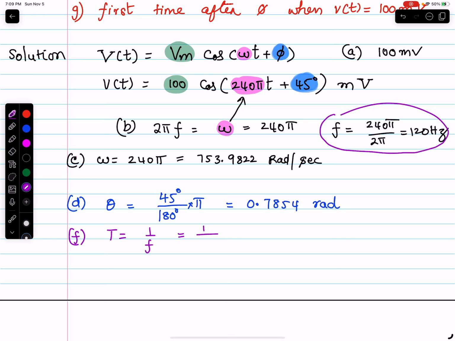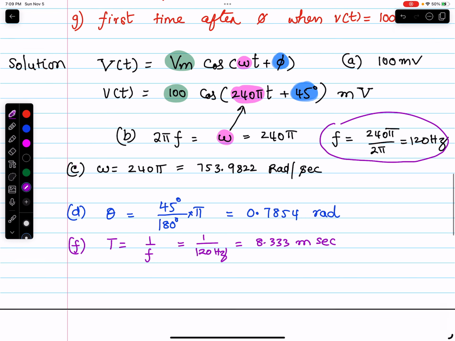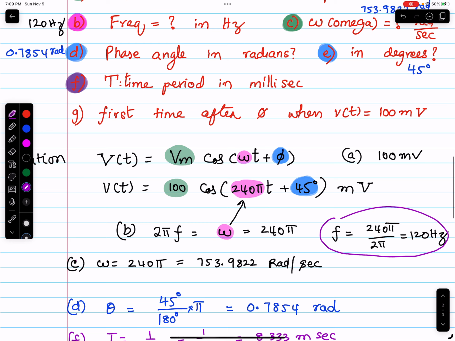So this is 1 over 120 hertz. The time period is going to be 8.333 milliseconds. Okay, so we are going really quickly here, pretty basic problem.